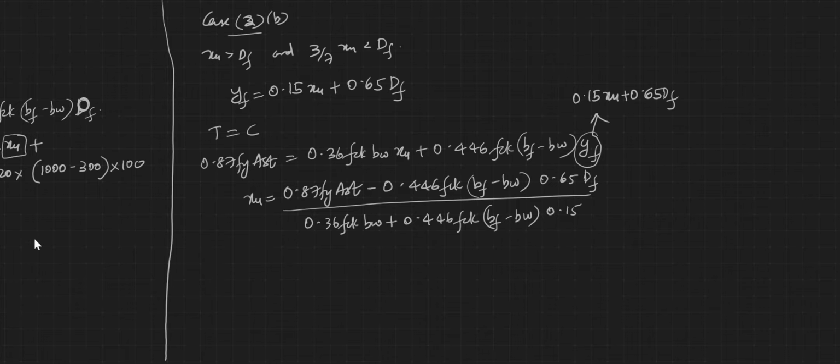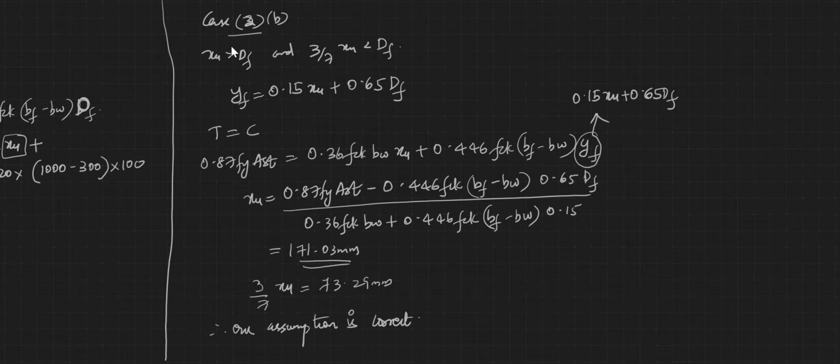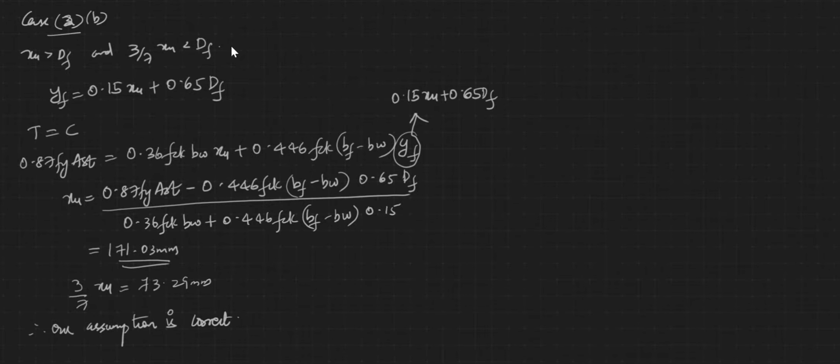You'll get the value for XU as 171.03 mm, and 3/7 XU as 73.29, which is less than the DF value. The DF value is 100. Therefore, our assumption is correct.